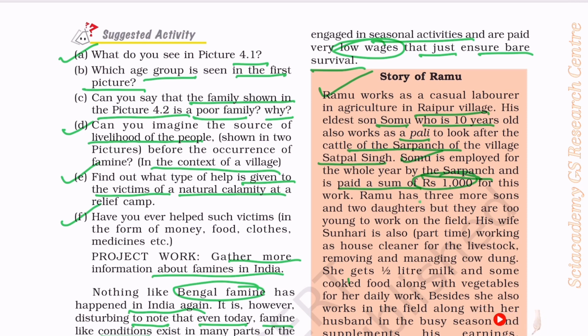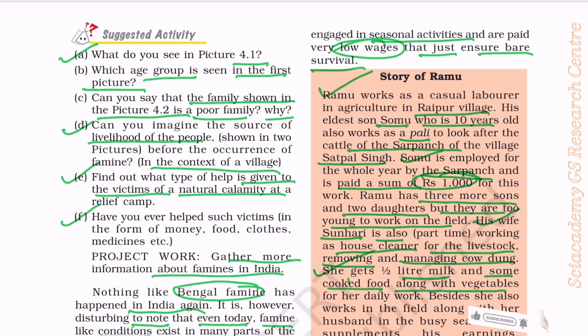Ramu has three more sons and two daughters, but they are too young to work in the field. His wife Sunahari also works part-time as a house cleaner for the livestock, removing and managing cow dung. She gets half a liter of milk and some cooked food along with vegetables for her daily work. Besides, she also works in the field along with her husband in the busy season and supplements his earnings.